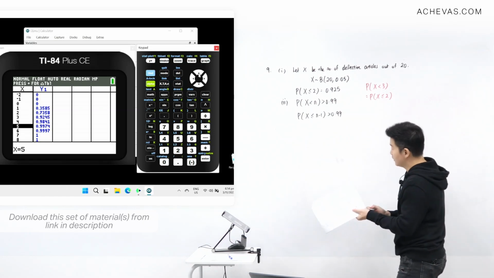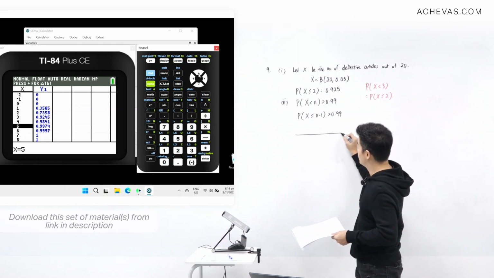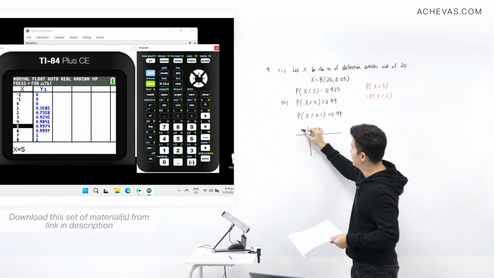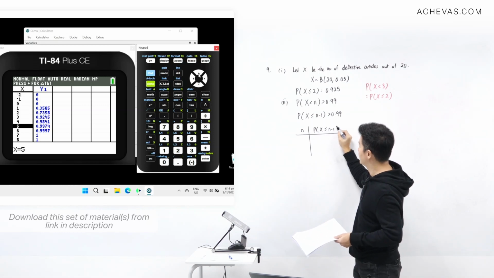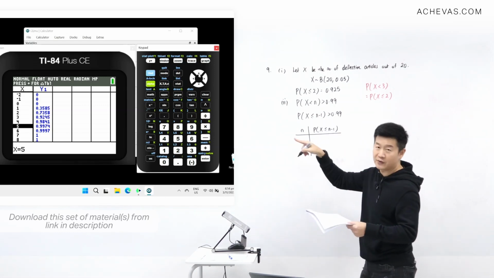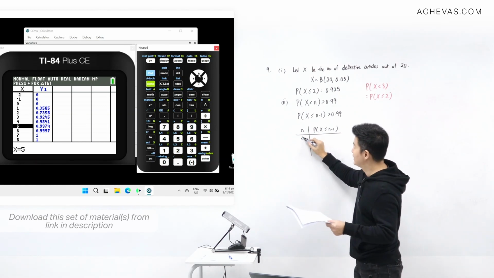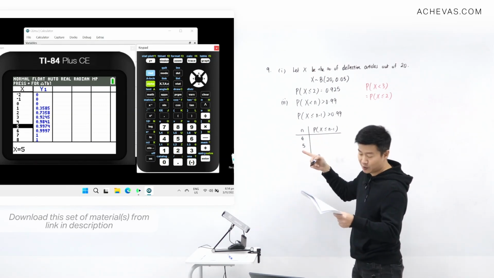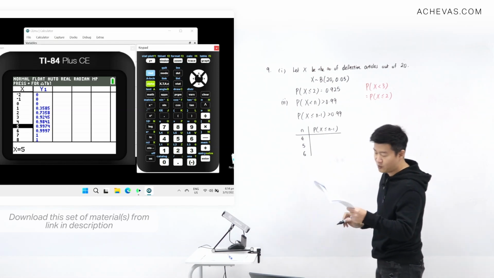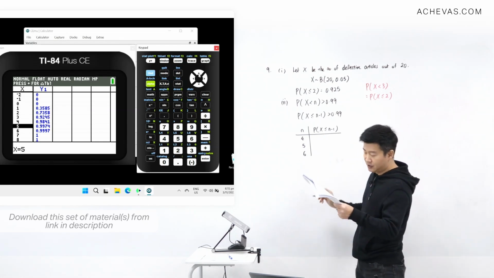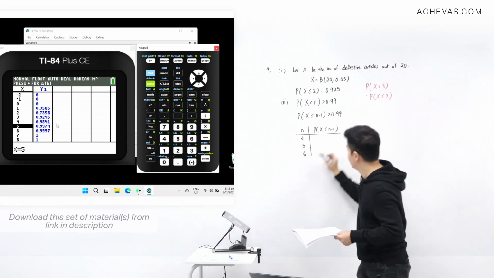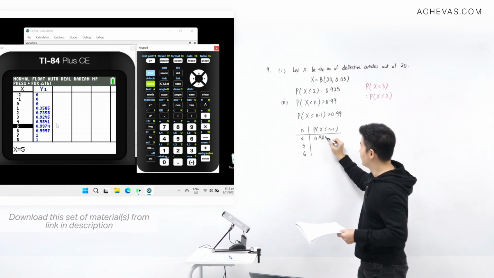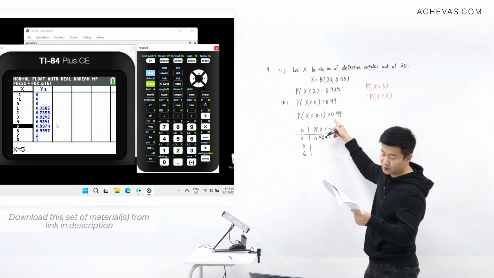Let me write this down in my solution. n is going to be x over here, and y1 represents the probability of X being less than or equal to n minus 1. Let's list down 5 of the results: the one before, the one that I'm going to choose to answer my question, and the one after. The one before is 0.9841, and this is not bigger than 0.99 yet.